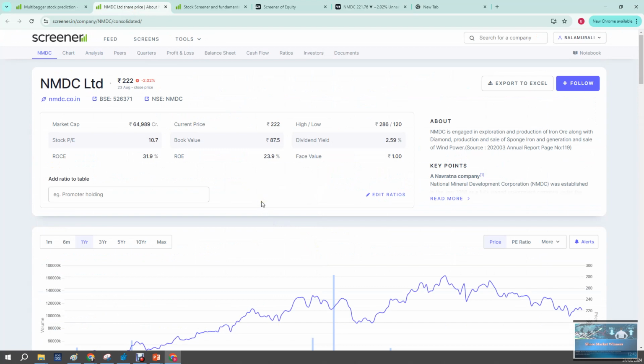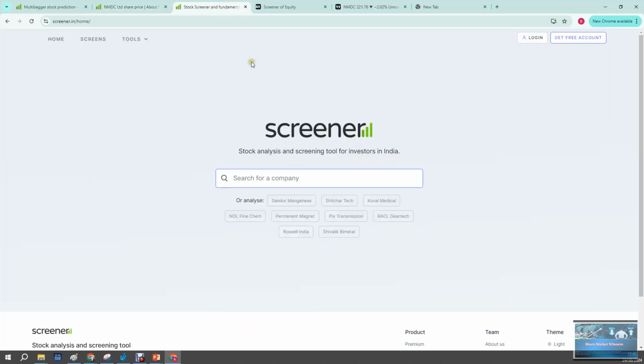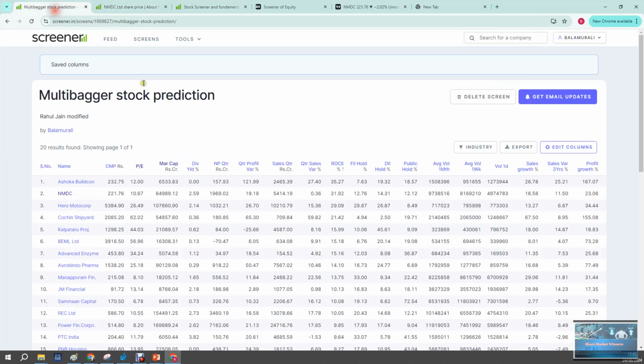I think we have almost 40 minutes or close to that. So now you are able to see how to use the screener to set up some of these to identify the stocks. Is it clear in terms of how to use the screener?